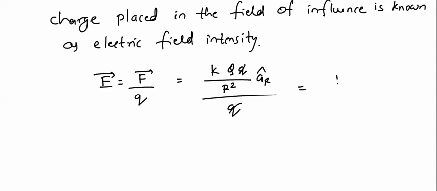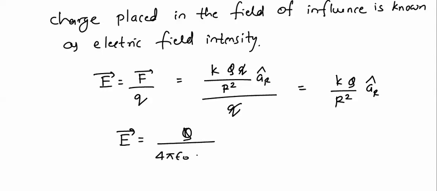I am left with KQ by R squared into the AR vector. If I substitute the value of K, I get Q by 4 pi epsilon naught R squared into the AR vector.